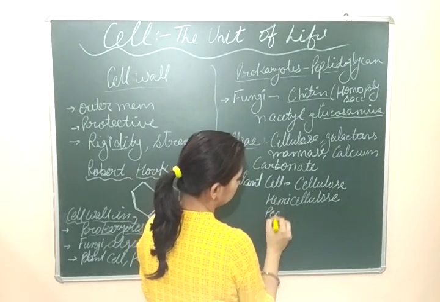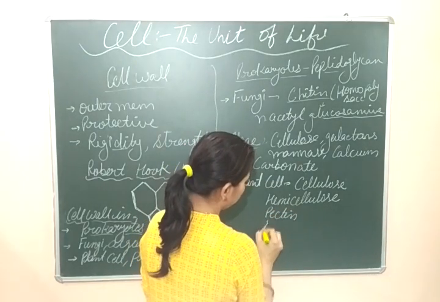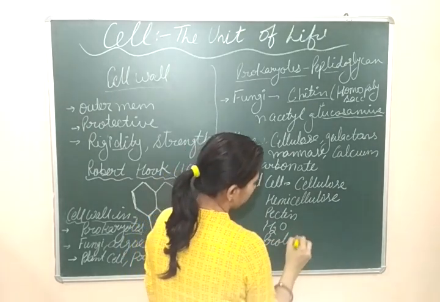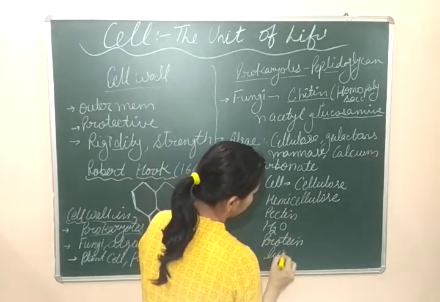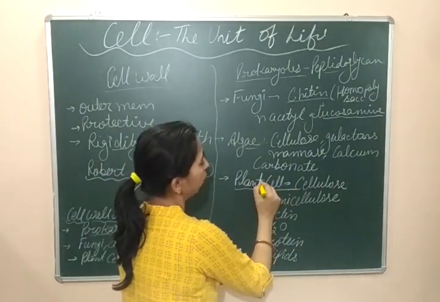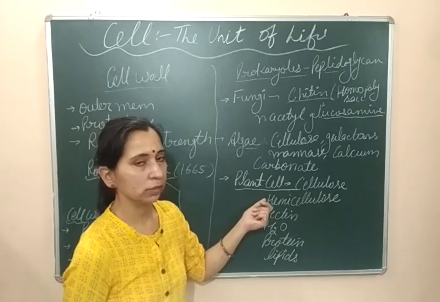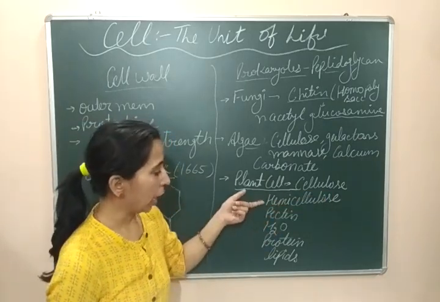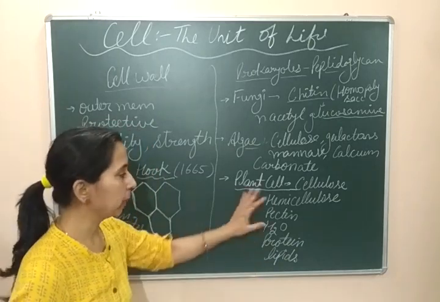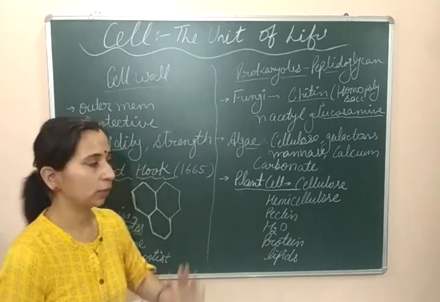It has pectin also, it has water also, proteins and lipids. So this is the composition of the cell wall in the case of plant cells. This is the composition of the plant cell's cell wall.